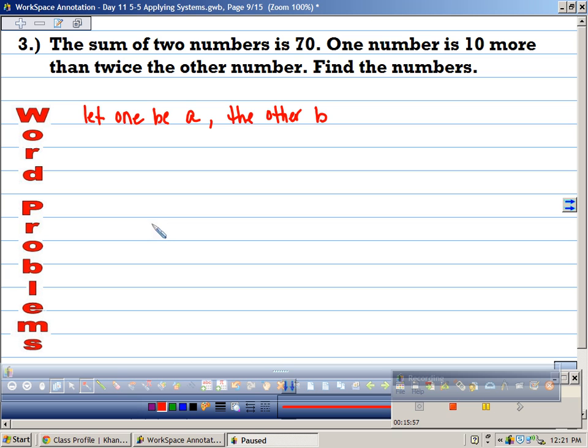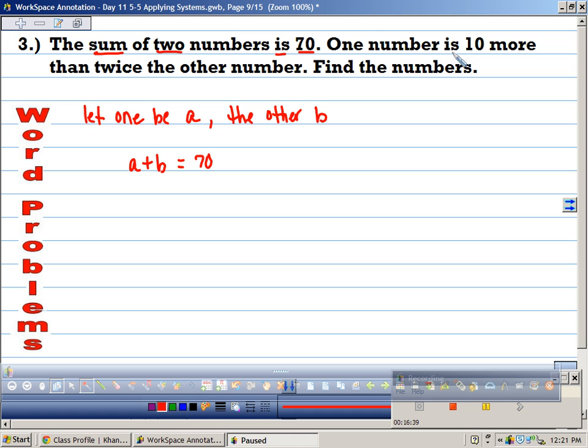Plus. A plus B, good. So I have A plus B. The sum of two numbers is 70. What does is mean in an equation? Equal. The sum of two numbers is 70.